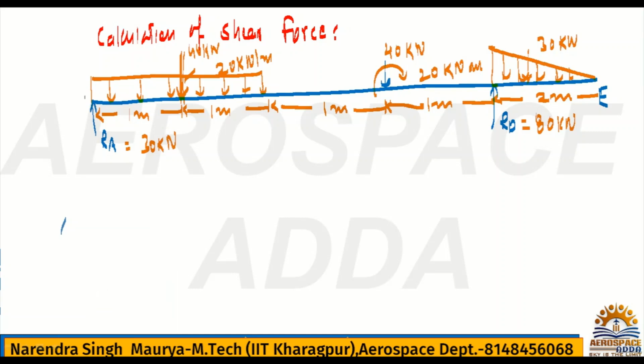I told you just before the point: this is point A, hence just before it is 0 0, just after it is 1 1. Then similarly here this is 2 2.